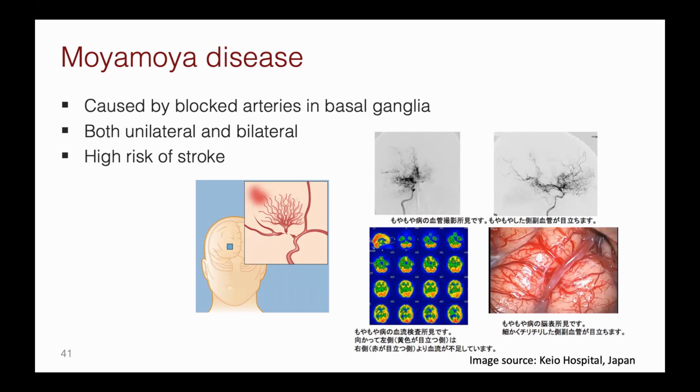And it actually describes the appearance of these tangled and tiny blood vessels formed to compensate for the blockage, as you can see on this digital subtraction angiography. While sickle cell disease patients suffered from vessel occlusion due to the abnormality of their red blood cells, the vessel injuries in Moyamoya patients were due to the impaired geometry of their blood vessels in the brain.